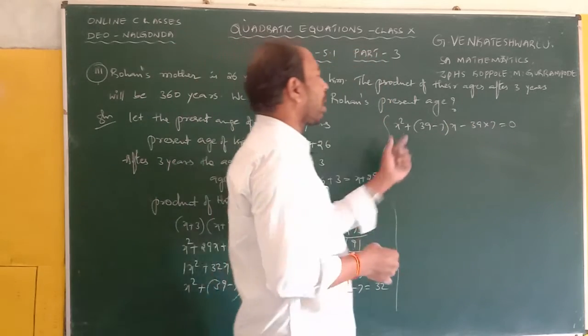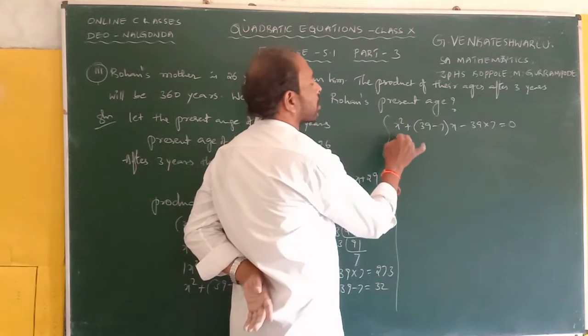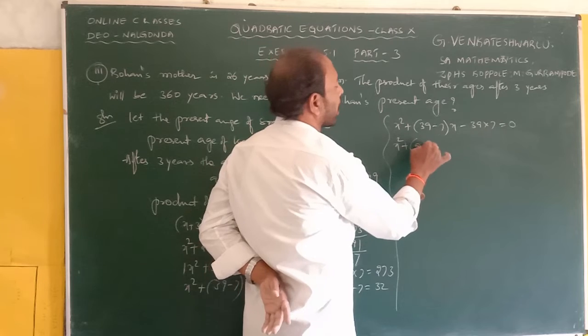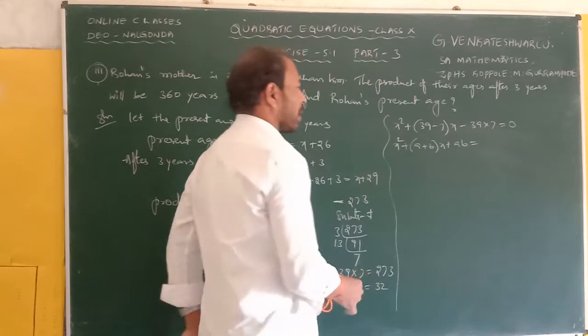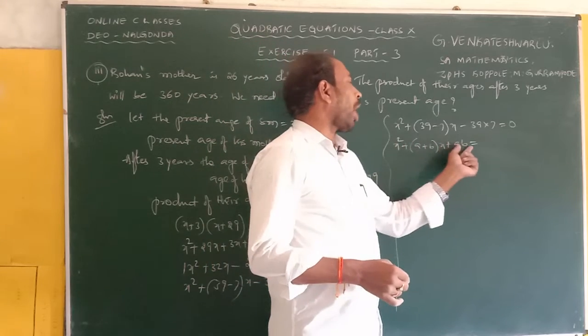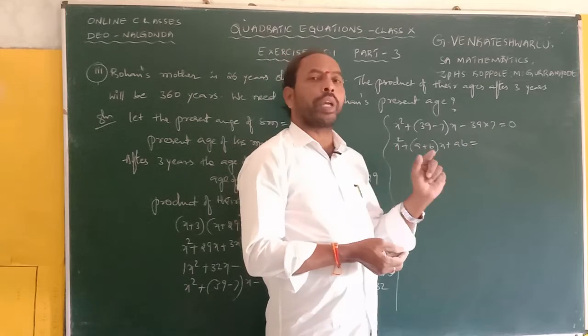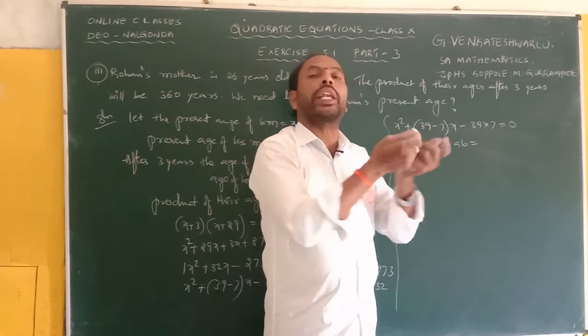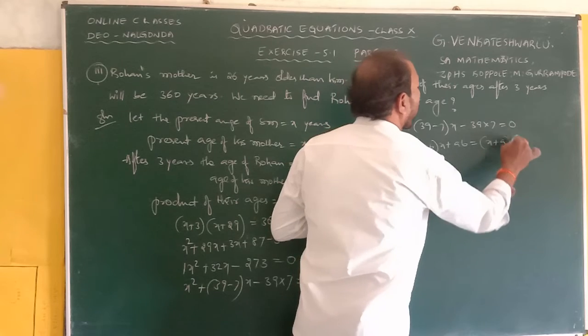Comparing this equation with the identity x square plus of a plus b into x plus ab, it is a quadratic polynomial. This quadratic polynomial can be written as a product of linear factors, that is x plus a into x plus b.